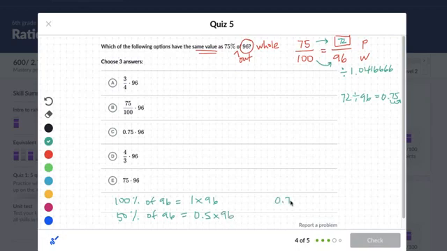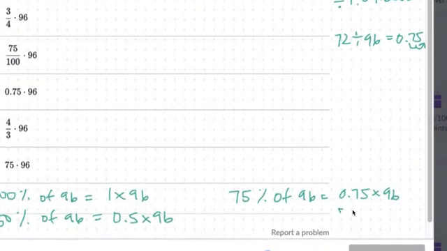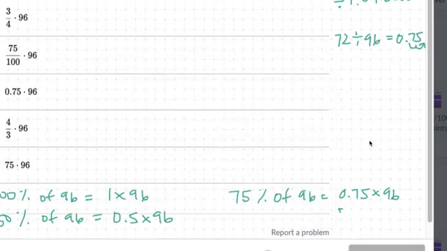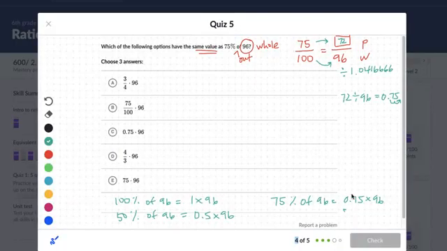So here when it says 75%, you're just changing it to 0.75 times 96. And that should get you your answer as well. Let's try it. 0.75 times 96. Boom, 72. Okay, so that's a second method you can use. That's my go-to method because it's super quick.